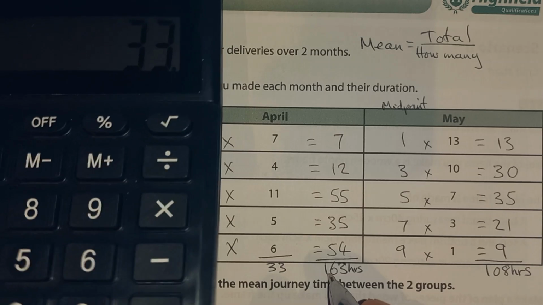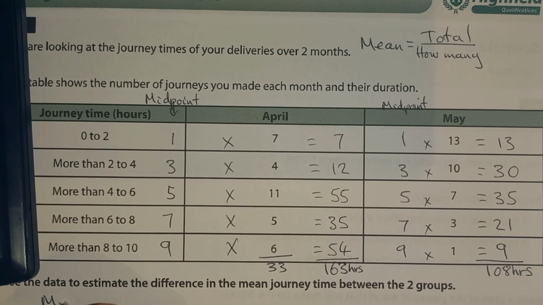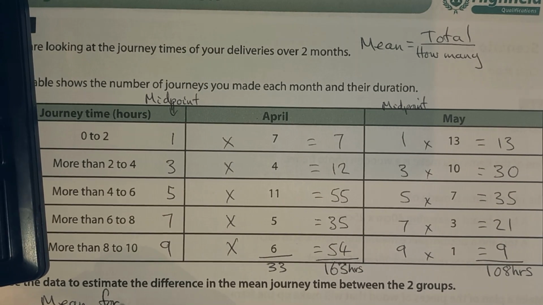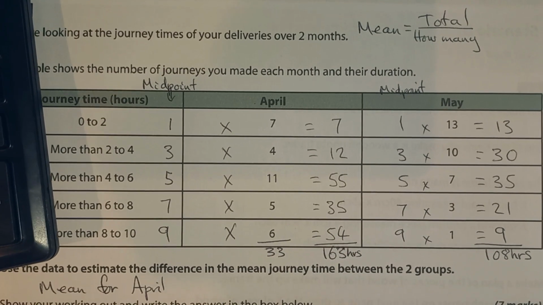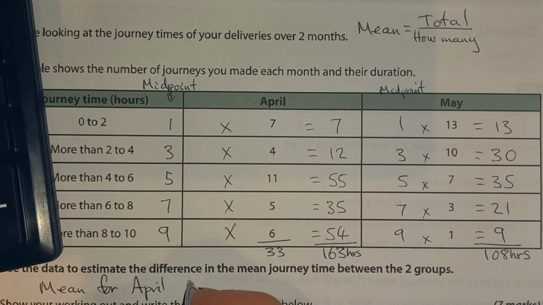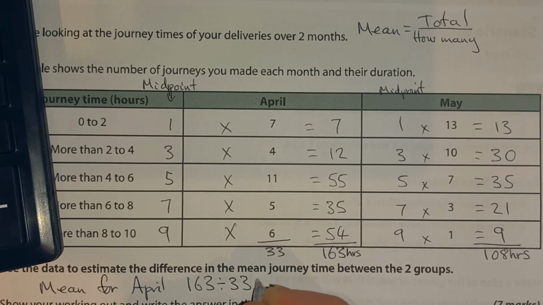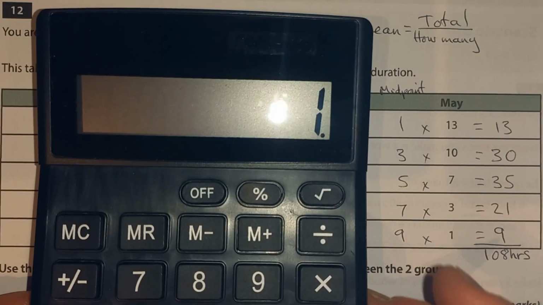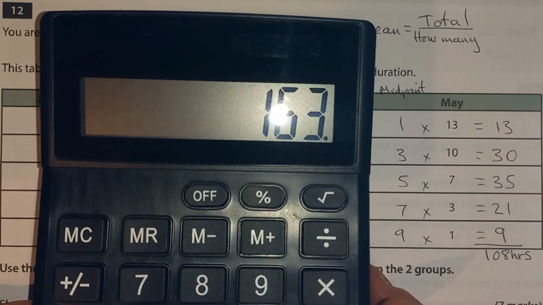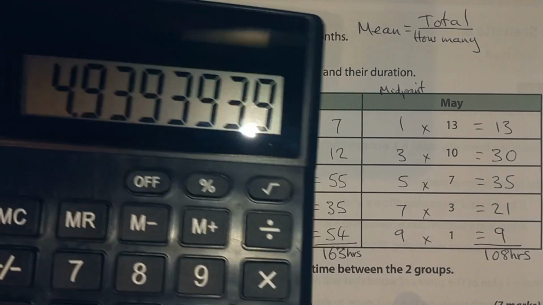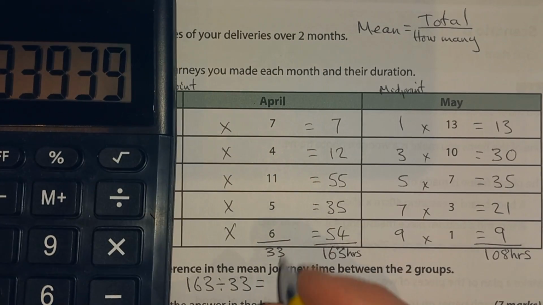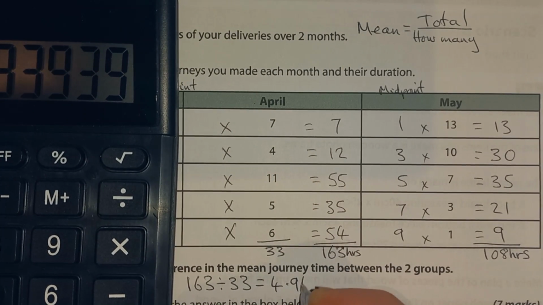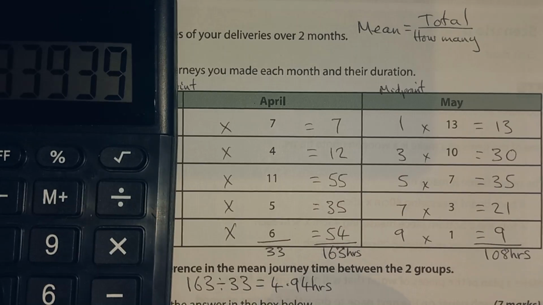So the mean for April, let's move this up a bit, is going to be 163 hours divided by 33 journeys. And that is 4.94, should we say? 4.94 hours.